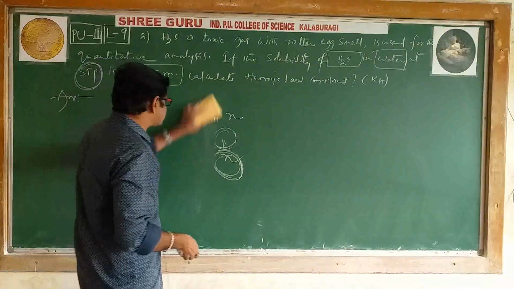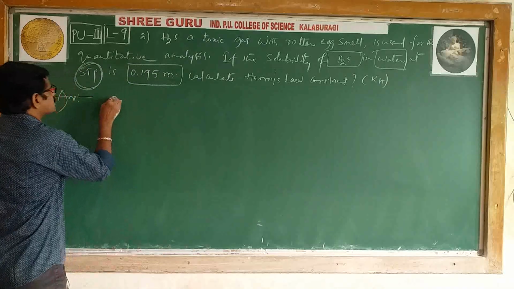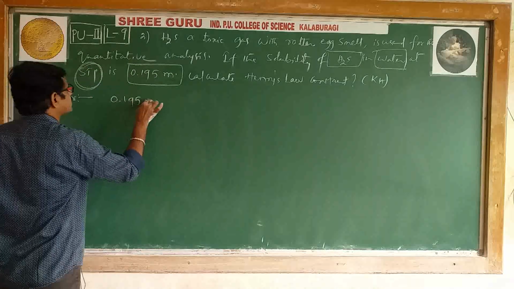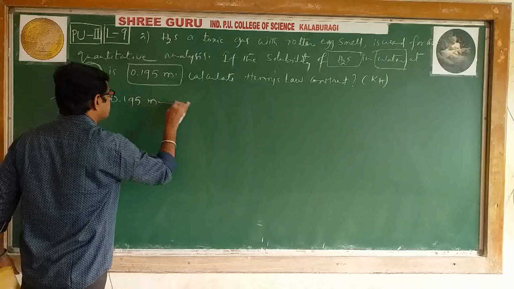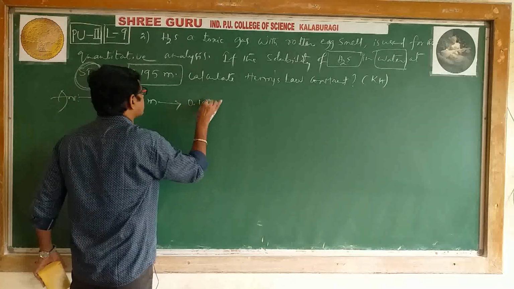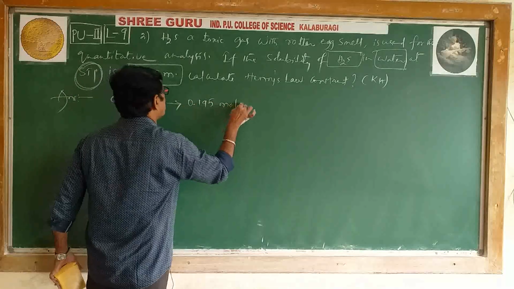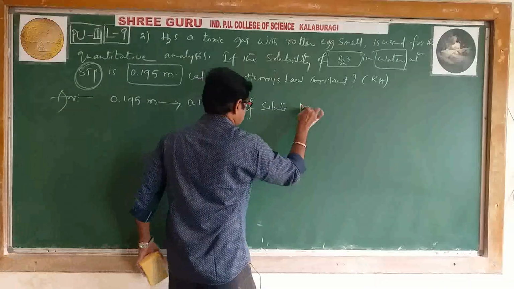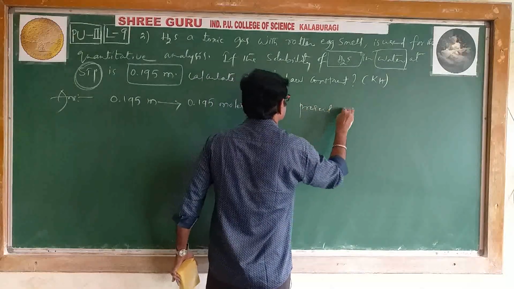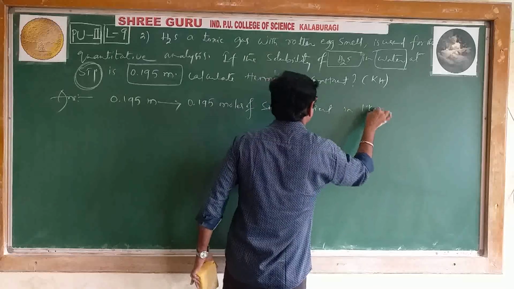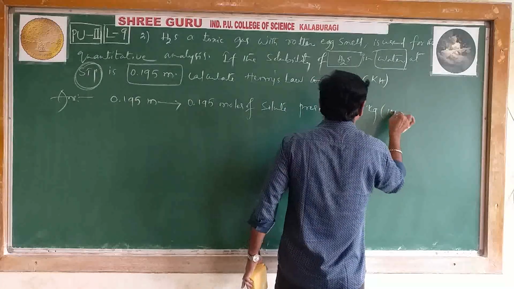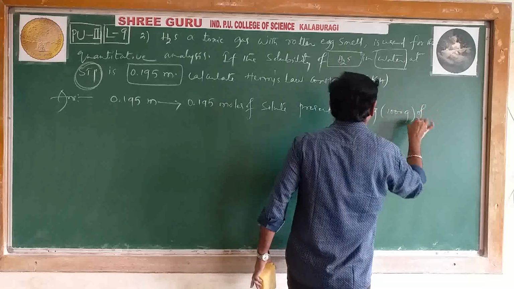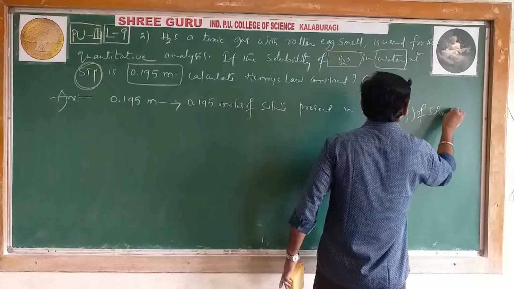That's why I will write the answer clearly like this. 0.195 small m means 0.195 moles of solute present in 1 kg, nothing but 1000 grams, of solvent.